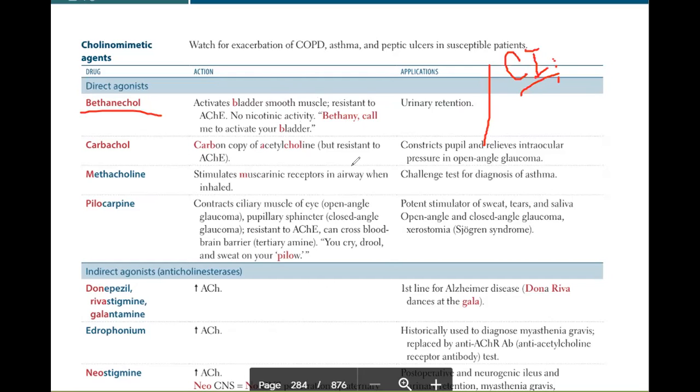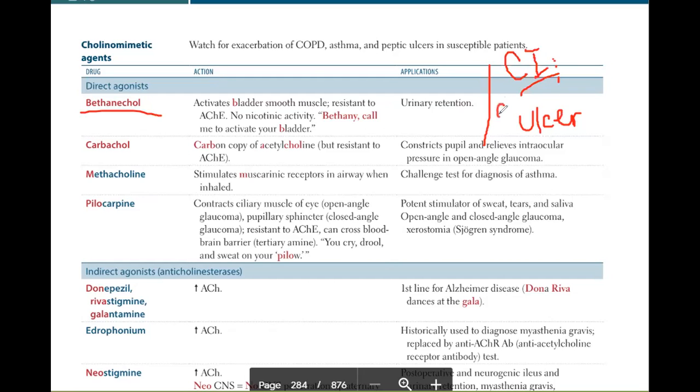Because it will exacerbate or increase the production of gastric acid, that is hydrochloric acid, HCl. If the production of gastric acid is increased a lot, it will irritate that mucosal lining. What is an ulcer? A breach in the mucosal lining.